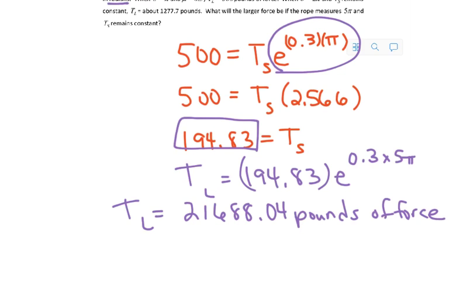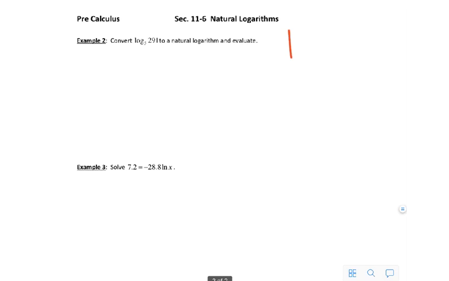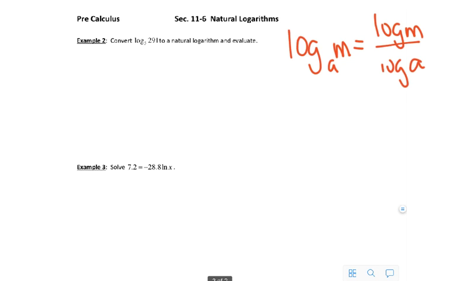There we go. Remember the base change formula? The one that said that the log base A of m could be evaluated by doing the log of m divided by the log of A in your calculator. Well, there's no rule about which base you have to convert to. In this particular formula, we change the problem so it has a base of 10, because we can plug the base 10 in our calculator. But it turns out that you could also rewrite this as the natural log of m over the natural log of a.